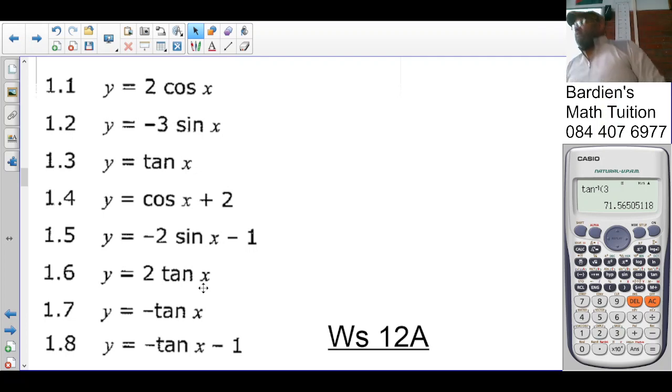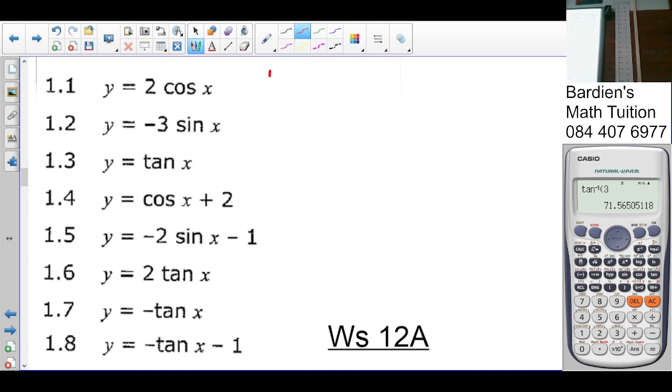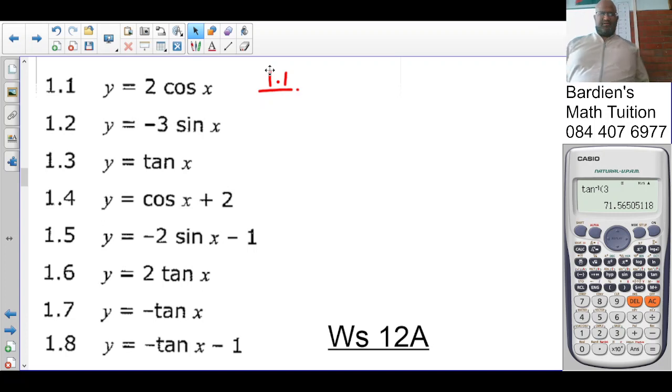So what we do is we can actually put this in the calculator as well.